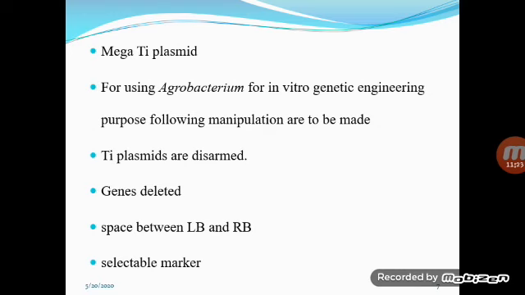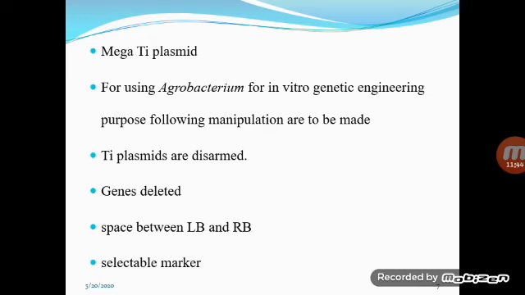The space between left border and right border is used to insert the desired gene, which is to be integrated and expressed in host tissue for transformation.